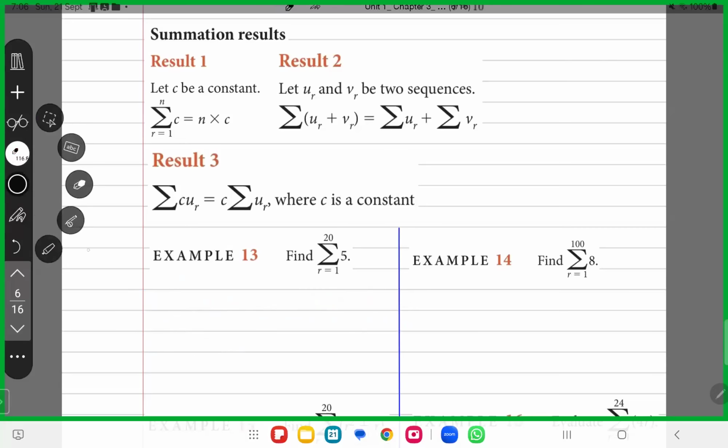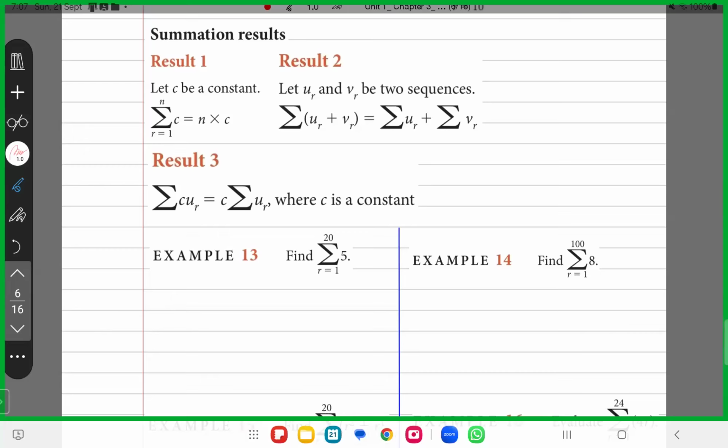Now, result 2 says let UR and VR be two sequences. So UR is a sequence where the terms change as the term number changes. In other words, term 1 is different from term 2, is different from term 3. As the term number changes, the term itself also changes.